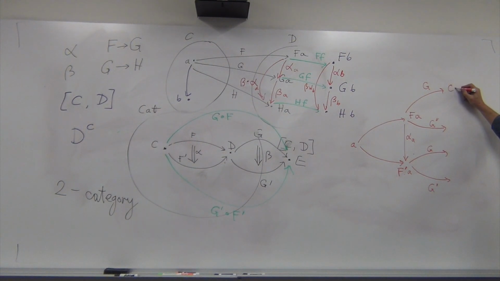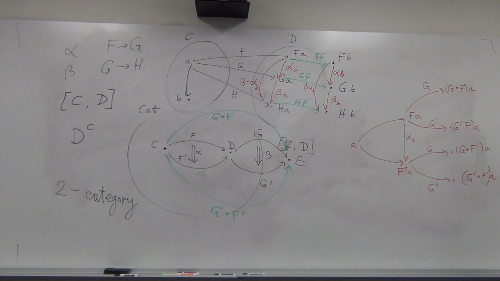So this is G after F on A. This is G prime after F on A. This is G after F prime on A. And this is G prime after F prime on A. Okay? So I have this bunch of things, right?